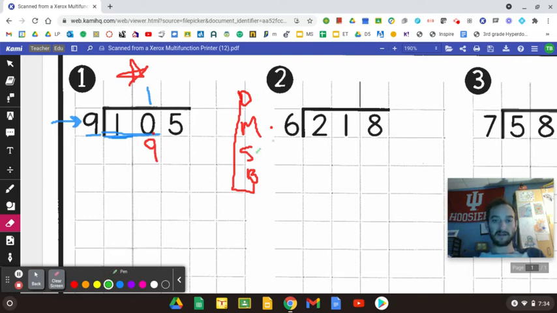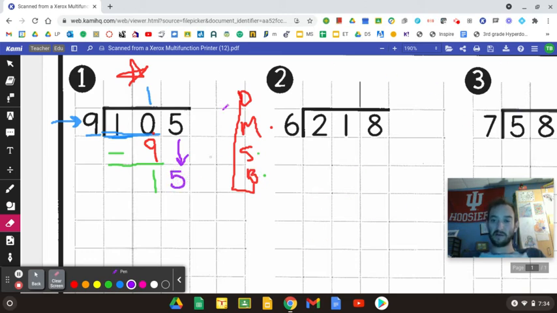Then my next step, subtract. 10 minus 9 is 1. Now I need to bring down. That bring down step is going to be especially important here because it's going to help us see when we need to do a remainder. So you bring your 5 down. My new number is 15.